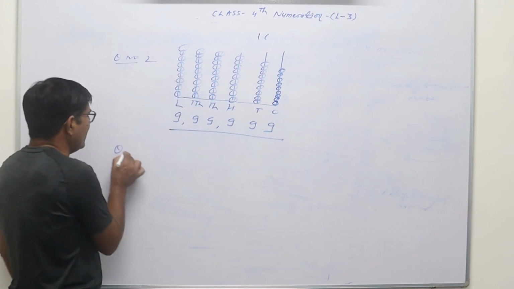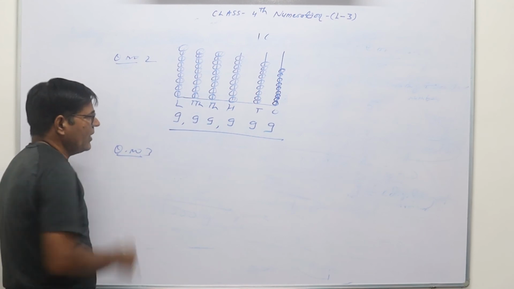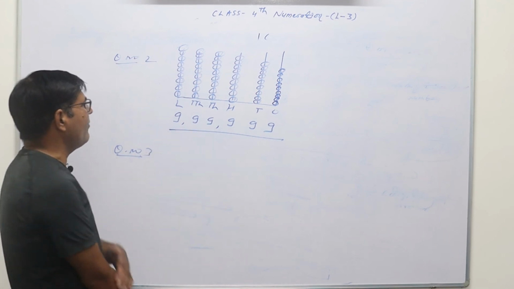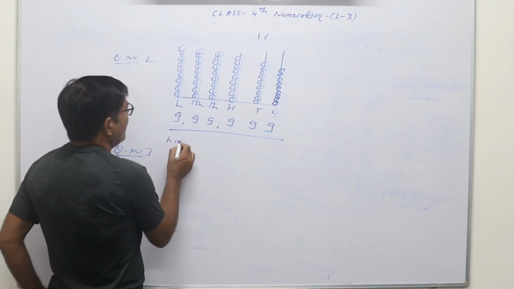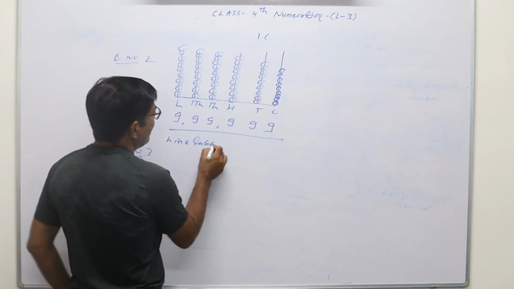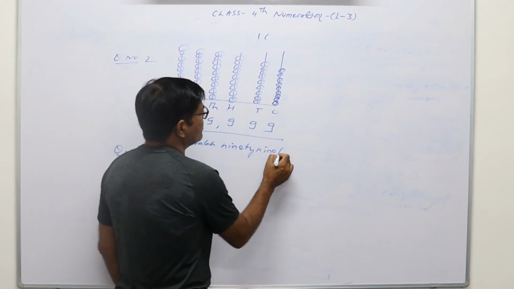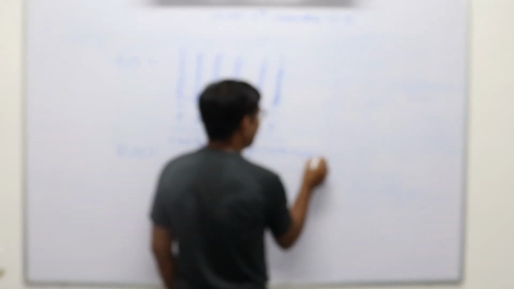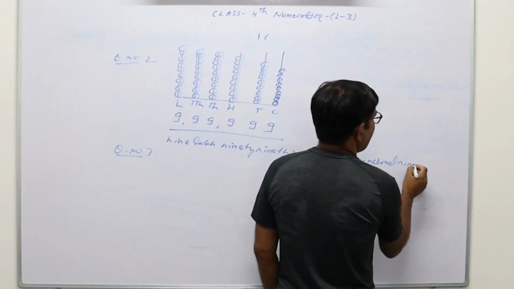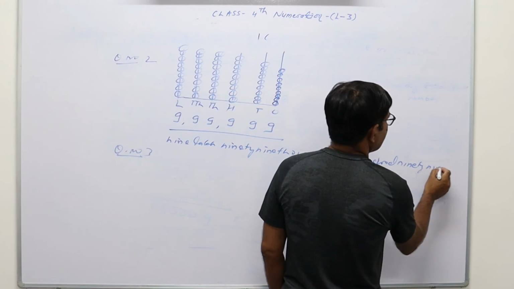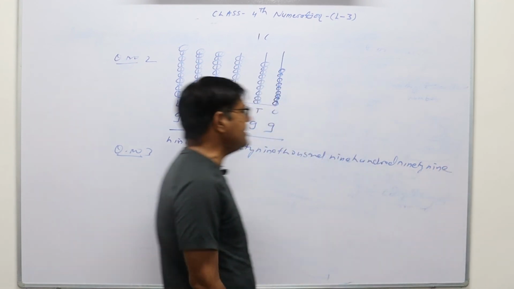Now if you have to write this number in words, then 9 lakh 99,999. So this is the 6-digit largest number.